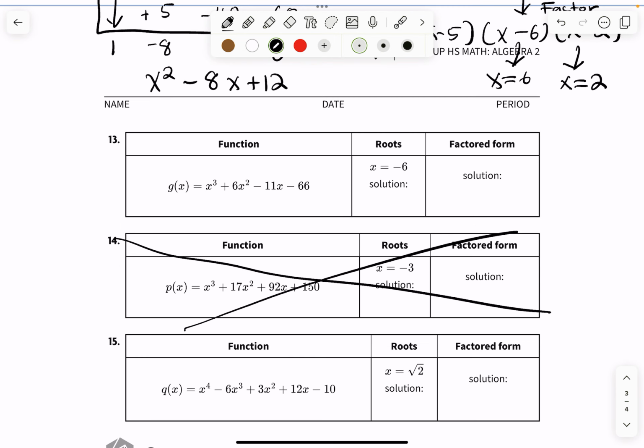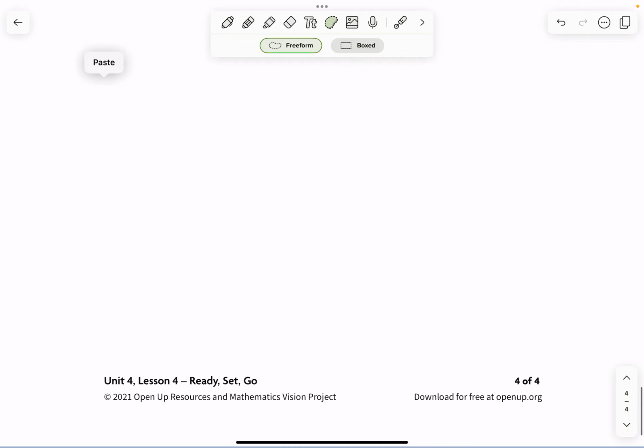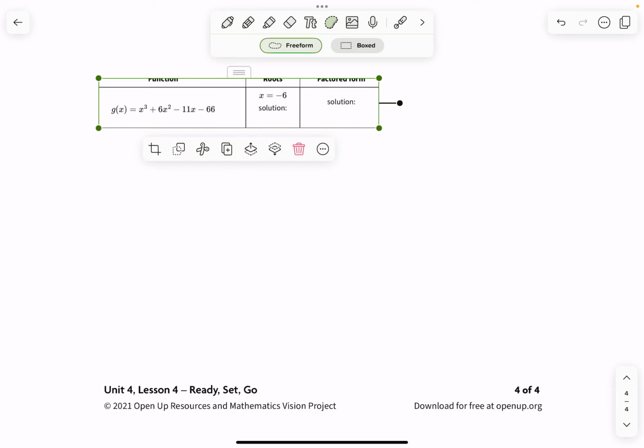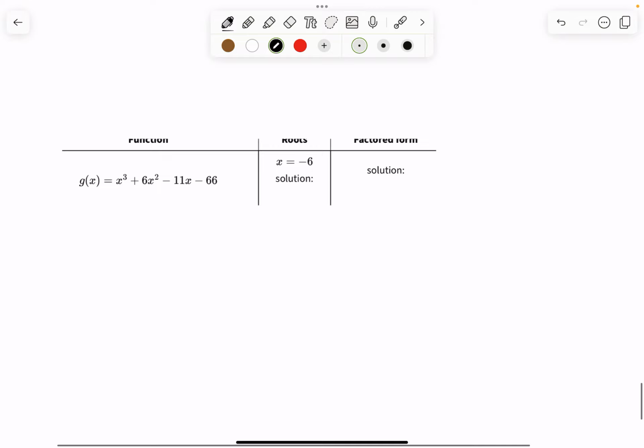So we can try 13. I think I'm going to copy and paste it and kind of do it below. Okay. Once again, x equals negative 6. So I know that x plus 6 is a factor.